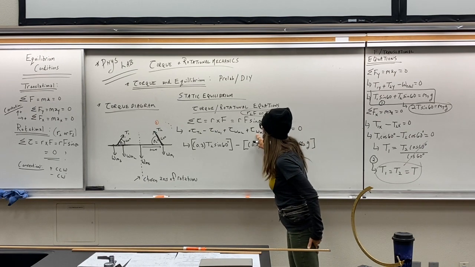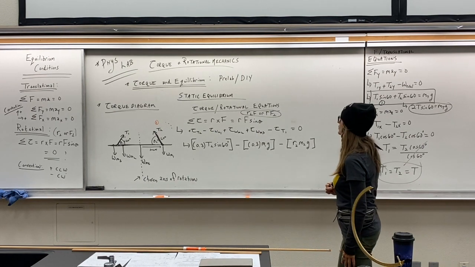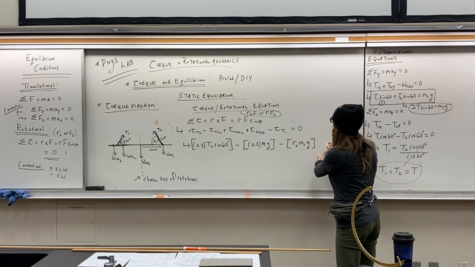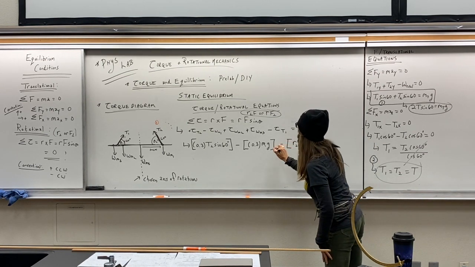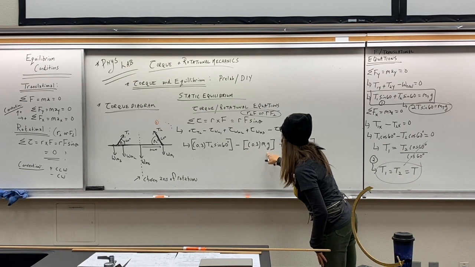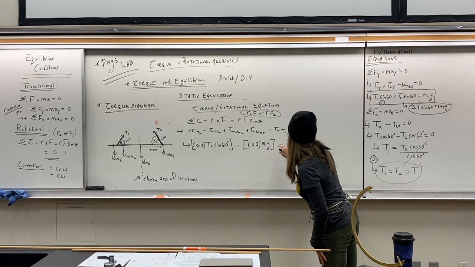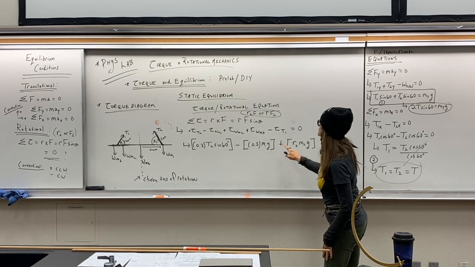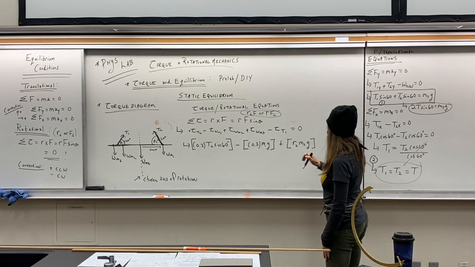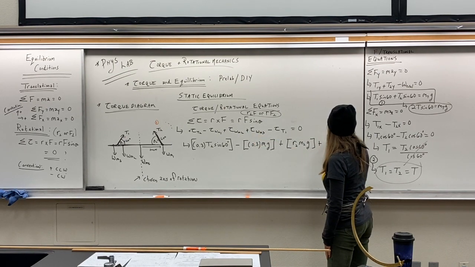And then we have the torque produced by the weight of mass 3. So here we're going to have plus, and my bad right here, that's minus M1 plus M2G. So I have to abide by the signs, and I say plus.